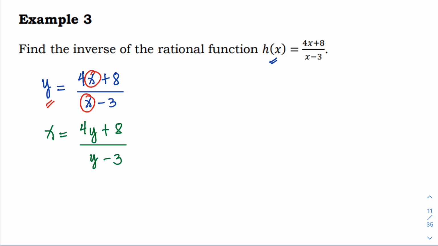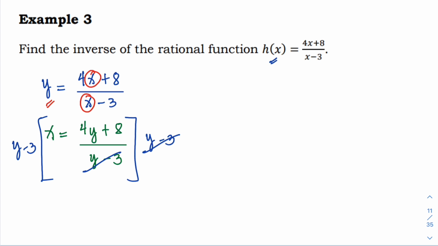Tama? Then, after natin magawa yan, guys, isa-solve natin si y in terms of x. Okay, so try natin. So, dito, ang pwede nating first move is tanggalin muna natin yung fraction. So, para matanggal natin yung fraction, multiply natin both sides of the equation by y minus 3. Tama? So, maka-cancel natin to.